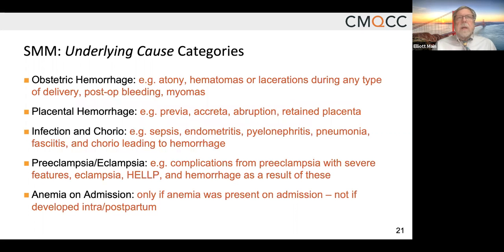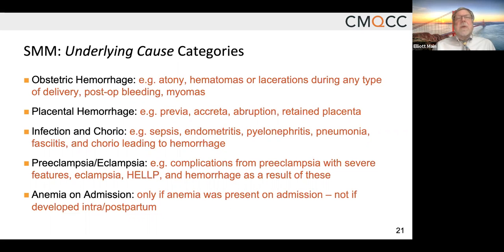Next slide shows a little bit more detail about what we mean by underlying causes. We've divided them into about 11 categories, which are defined in this way. And we worked with a review group up and down the West Coast to help hone this. We're actually on version 15 of the algorithm as we've gotten feedback and feedback and feedback.